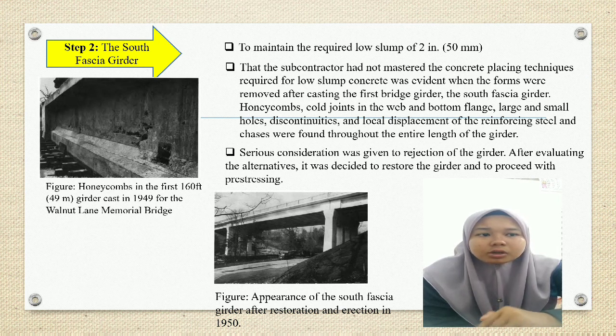Honeycombs, cold joints in the web and bottom flange, large and small holes, and discontinuous and local displacement of the reinforcing steel and chase were found throughout the entire length of the girder. Serious consideration was given to rejection of the girder after evaluating the alternatives. It was decided to restore the girder and to proceed with prestressing.